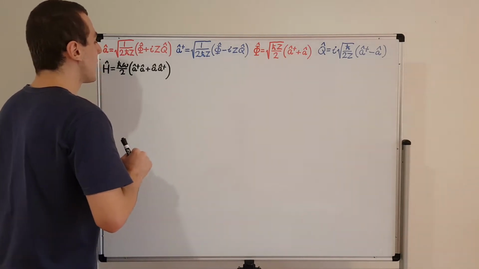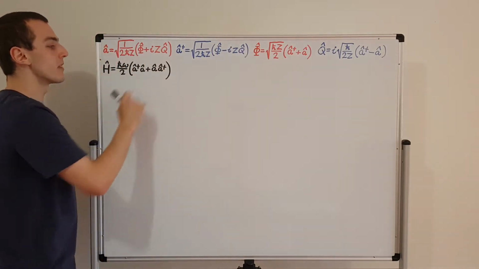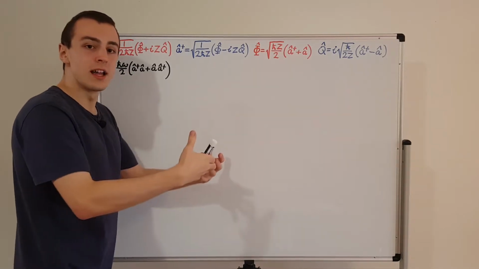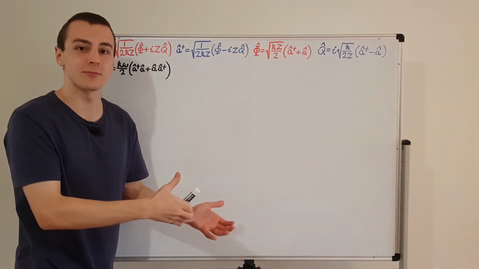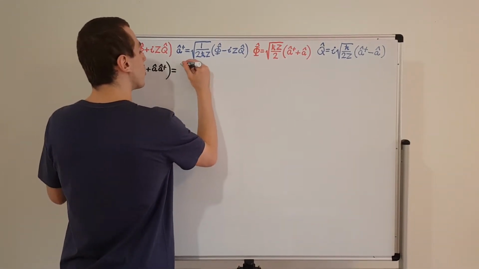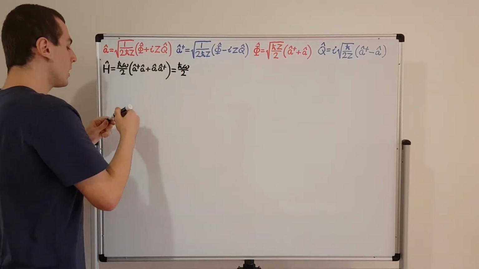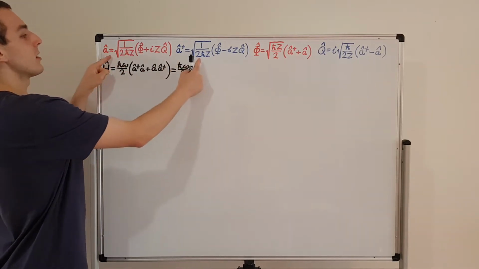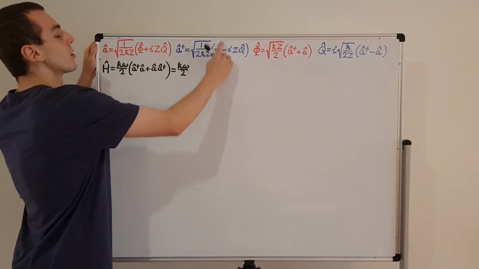Now what I want to do is substitute these definitions into this form of the Hamiltonian. And that's actually what I'm going to use to recover the original form of the Hamiltonian that we translated from classical mechanics. So let's go ahead and do that. First, we're going to have this h bar omega over 2. Then, what is going to be present out the front? Well, when we multiply these two together, we're going to multiply this square root coefficient by this square root coefficient.